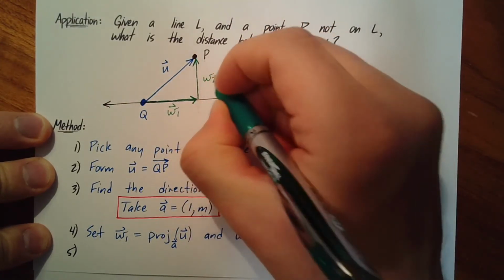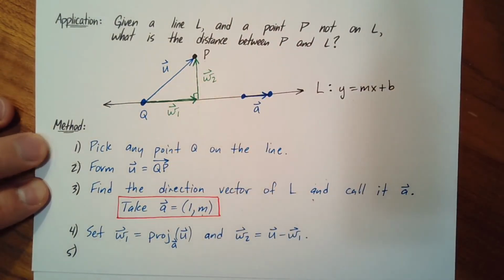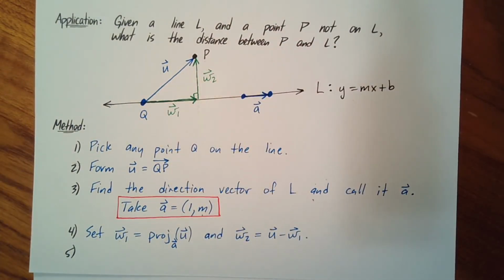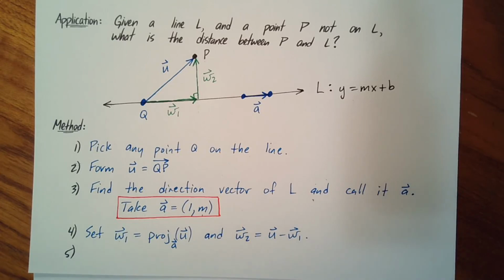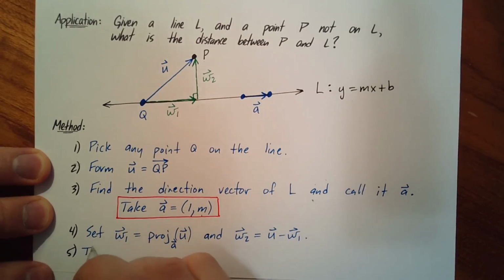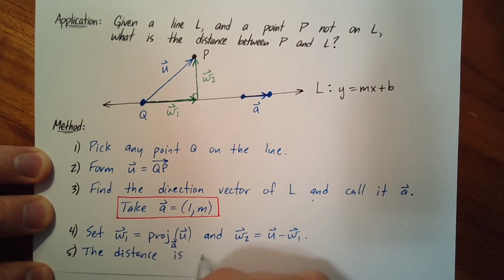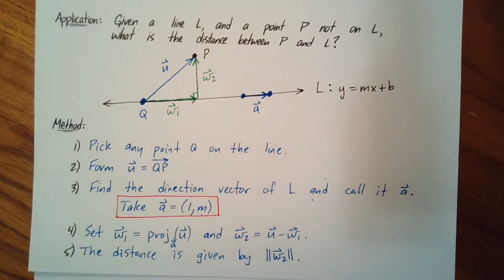So this is W2 right there, and you're going to form a right angle, which is exactly what we want. And guess what? Take the norm of W2, and that's going to give you the distance between this point and this point, which is exactly what you want, and that's going to answer the question. So the distance that we want is given by the norm of W2, and that is an application of projections.